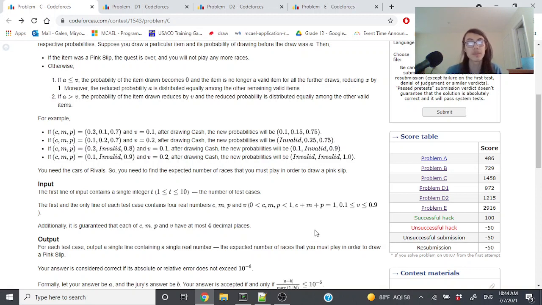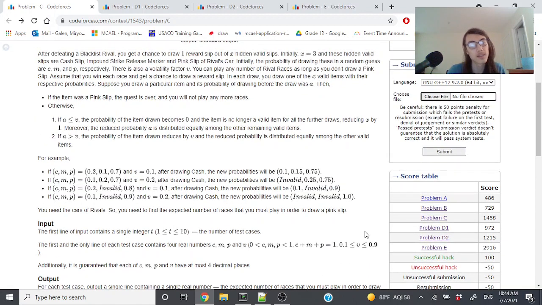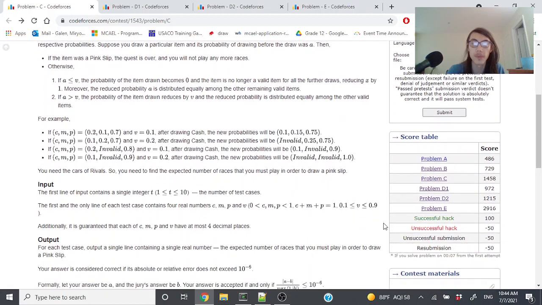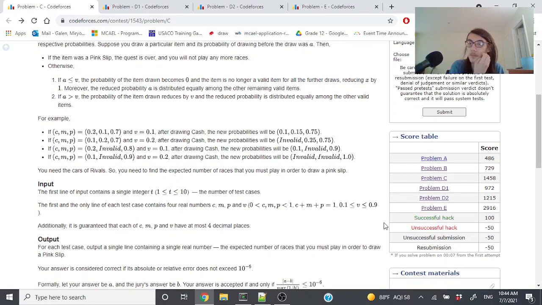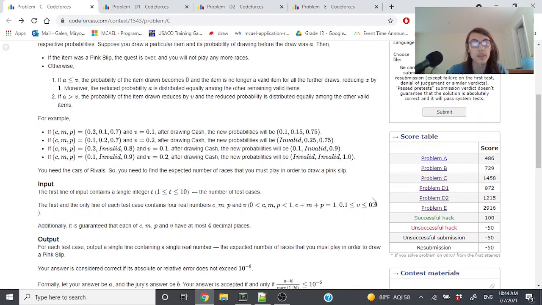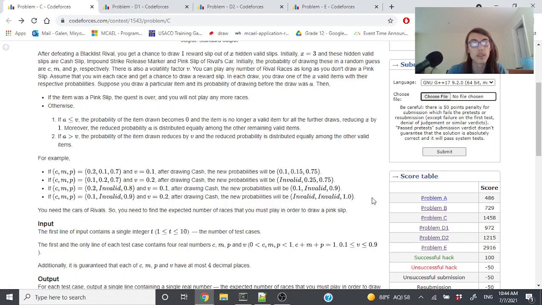Alright, so because V is between 0.1 and 0.9, everything will be done in at most 10 moves, I guess. So we can iterate over C and M. Oh yeah, there are at most 20 moves, so we can theoretically iterate over a bitmask. Or wait, no, there's almost 40 moves.